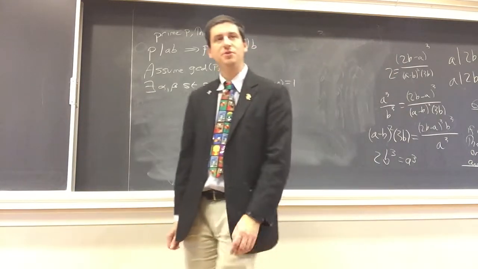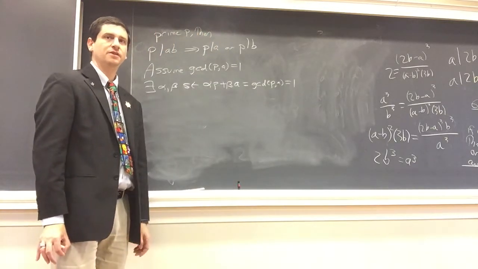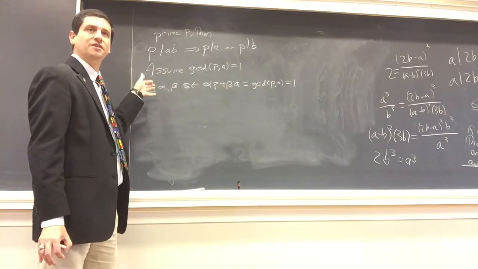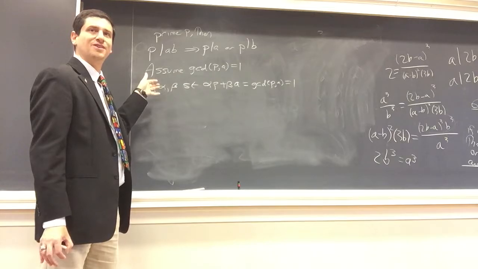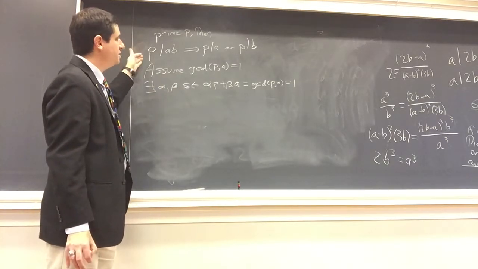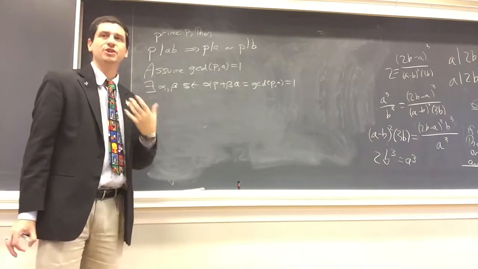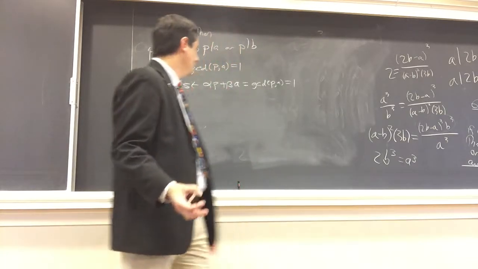What am I trying to prove? We've assumed P is prime, P divides AB, so P divides A or P divides B. We're assuming P is relatively prime to A. What are we trying to prove? P divides B.